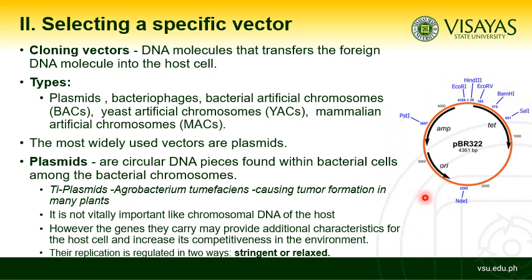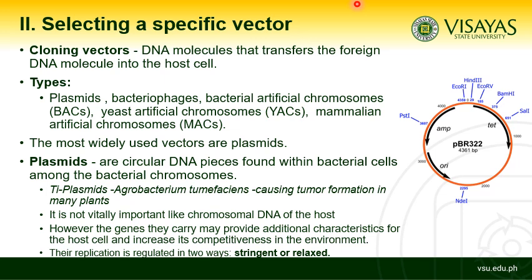And once they are inserted into the vector, they will be ligated by the DNA ligase. So this vector is then transformed into the host cell for replication. It is important that we have this cloning vector because it facilitates amplification from a single copy of DNA molecules into many copies.